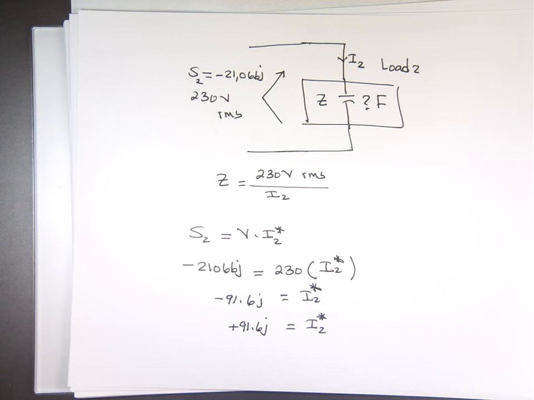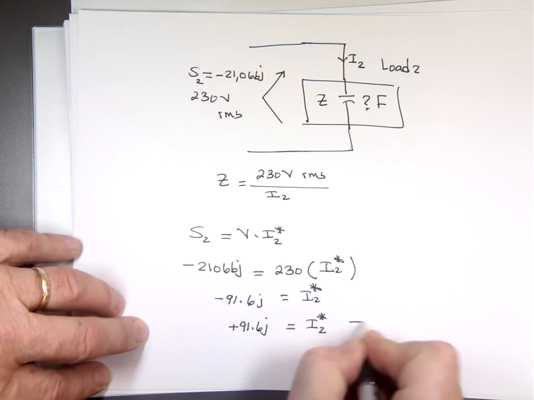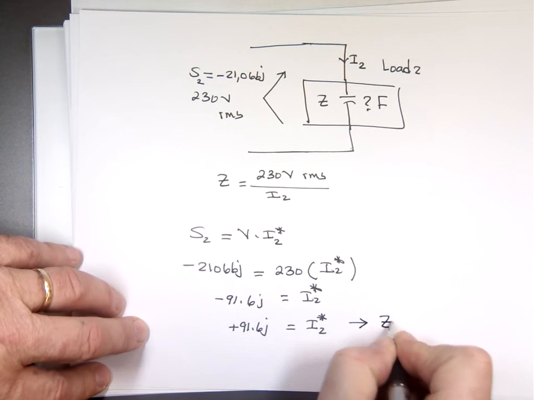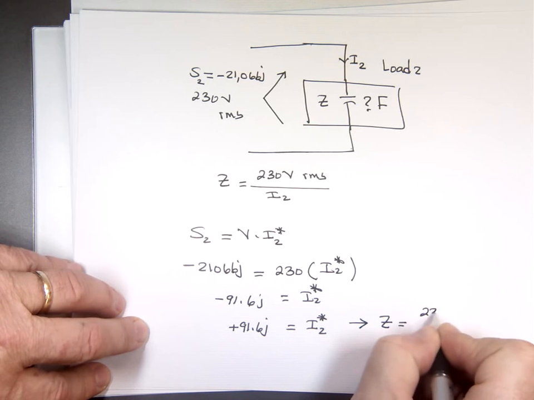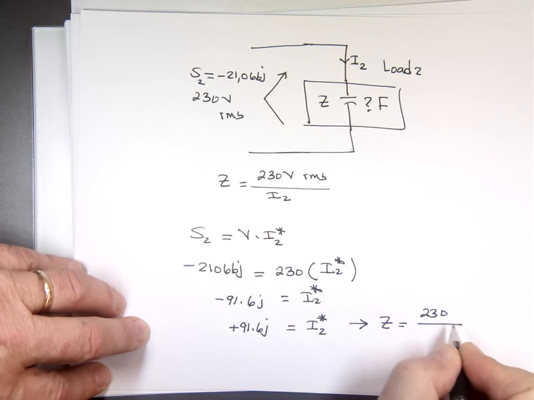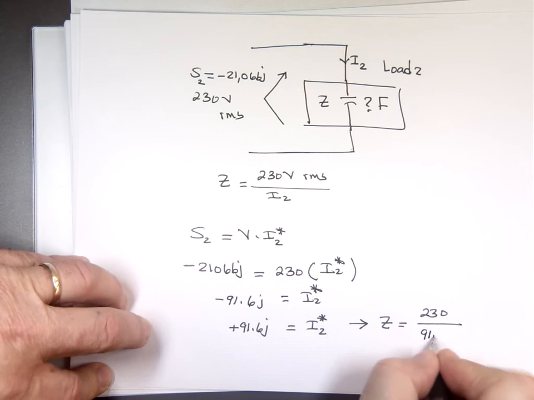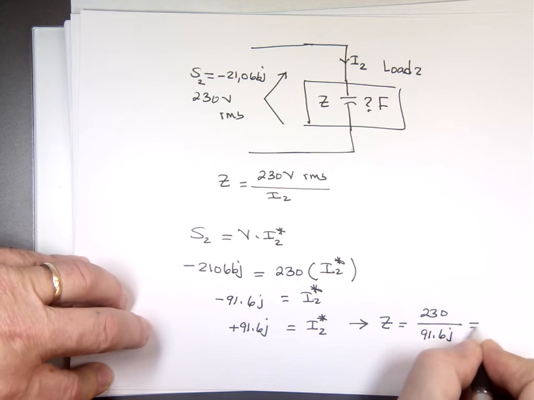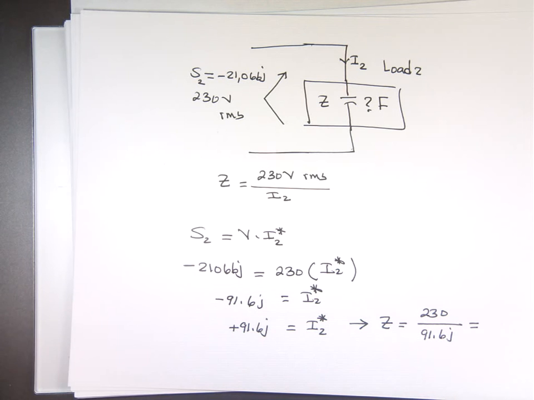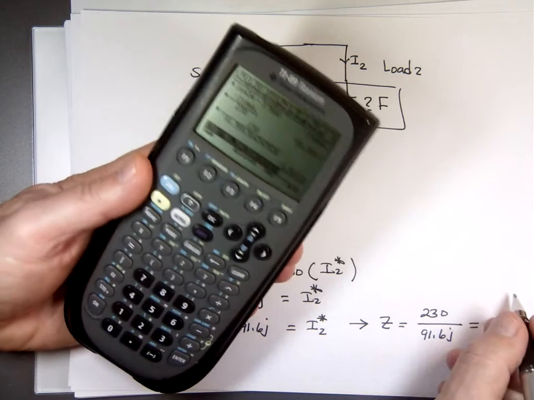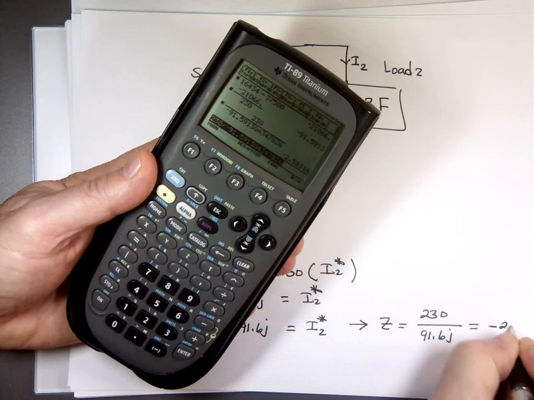Once I have that, can I find what Z is? 230 divided by what? 91.6 J. 230 divided by that equals, I came up with negative 2.51.